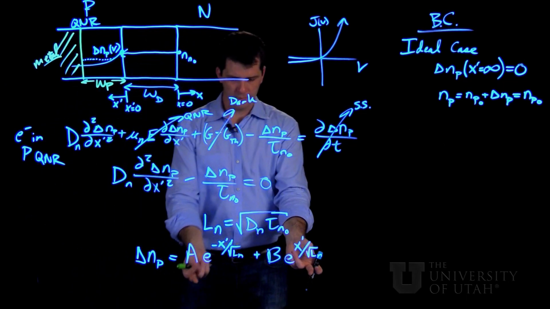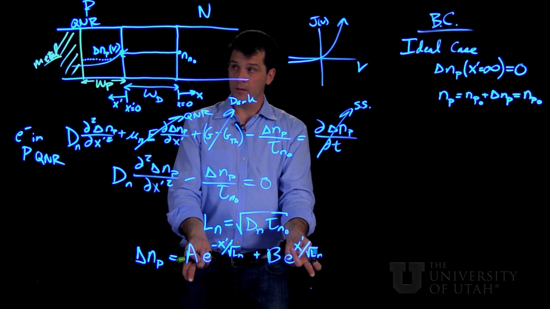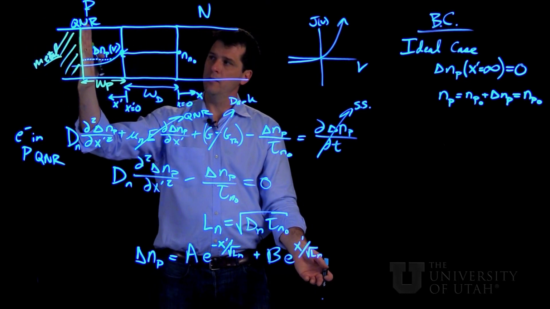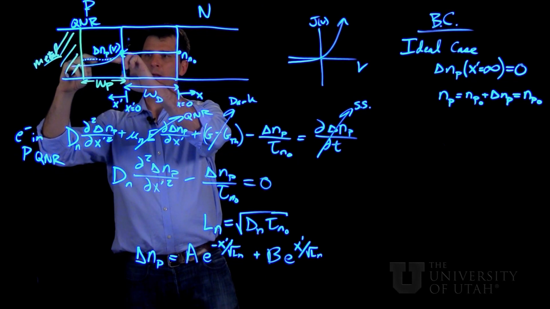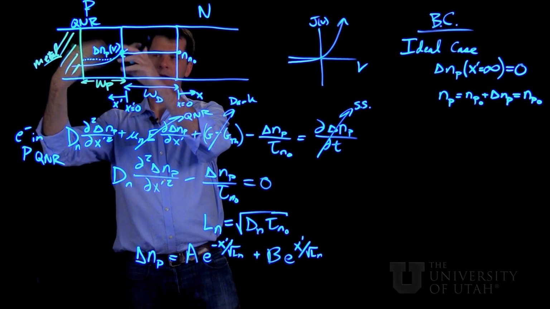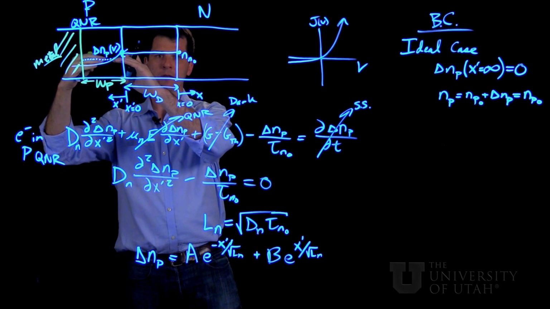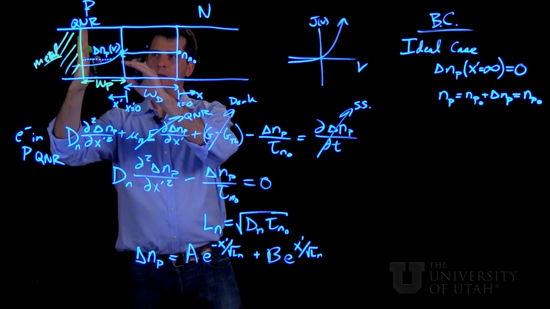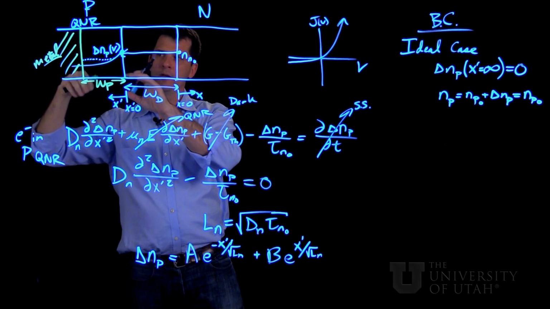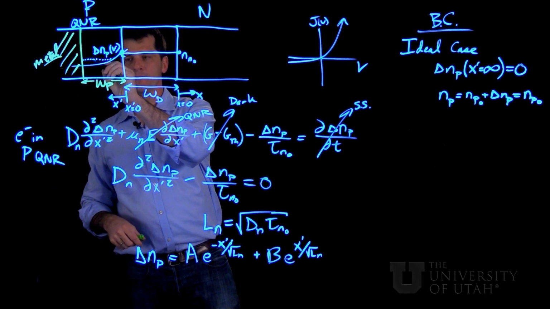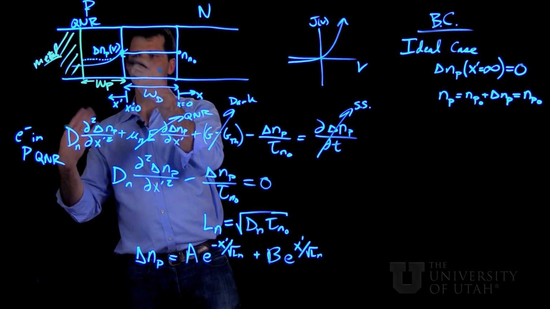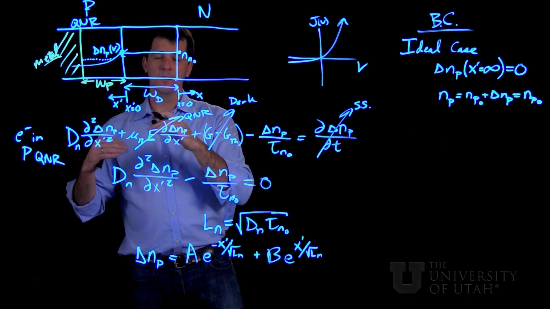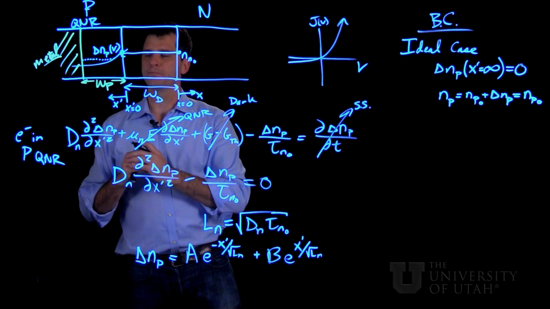In fact, we can look at this solution and see that if we were not extracting any current out of this boundary, we would pile up carriers into here, and then they would eventually start recombining because we would get a large concentration of excess carriers, which would recombine quickly. So now if we let some current flow out of the contact, we'll establish some steady state equilibrium value, steady state constant with time value.